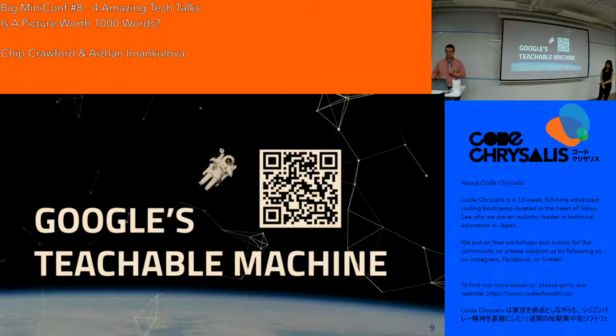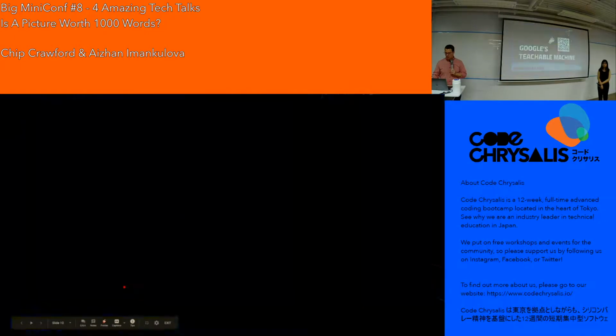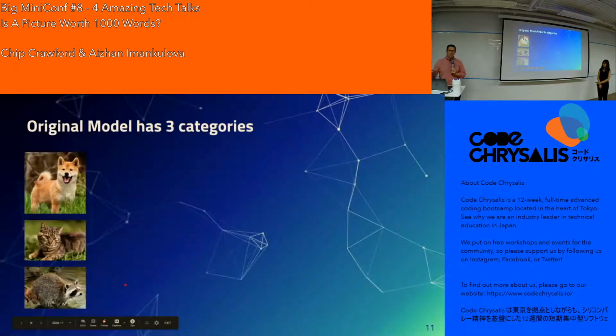So yes, I'll be talking a little bit about Google's Teachable Machine and transfer learning in general. Okay, so let's take an example of a model which can classify animals as cats, dogs, or raccoons. The original model has 3 categories.